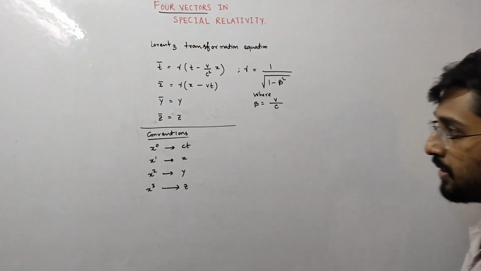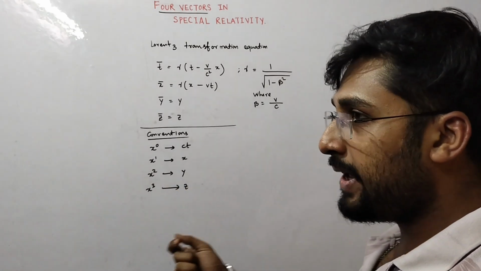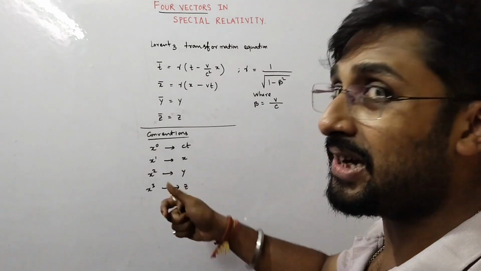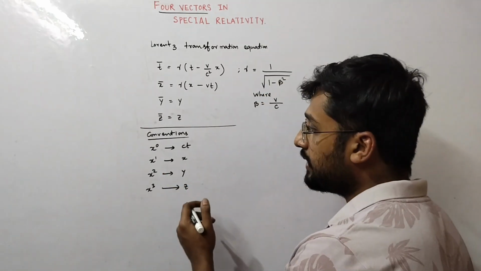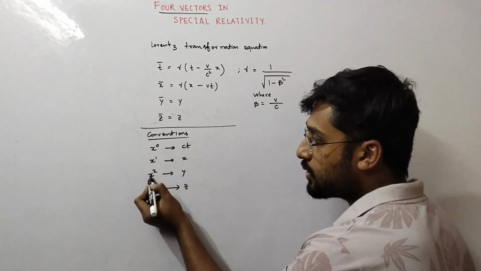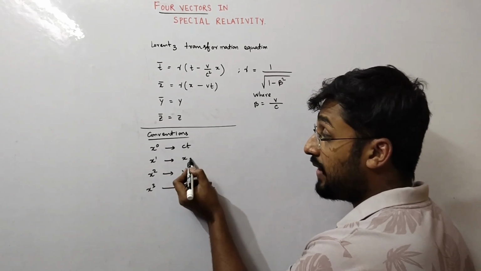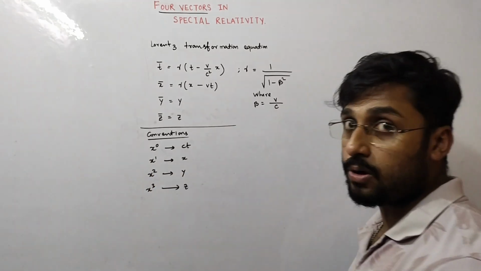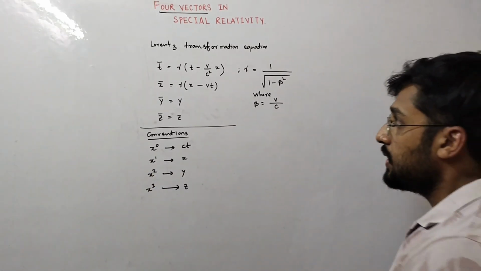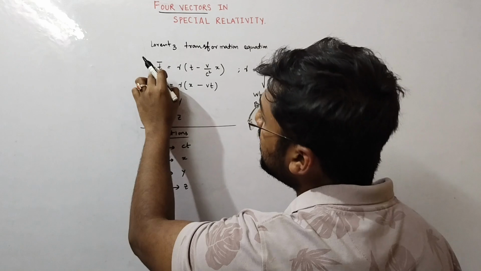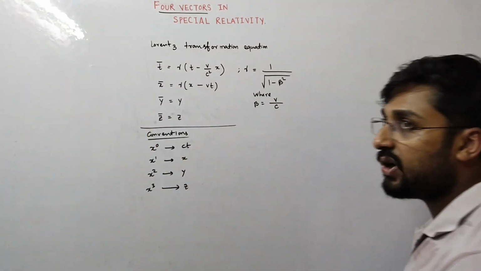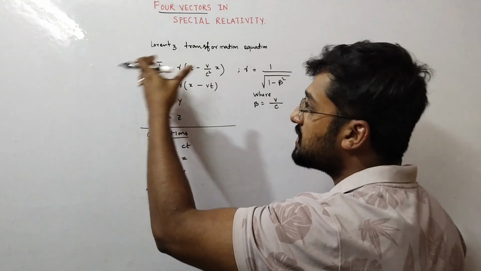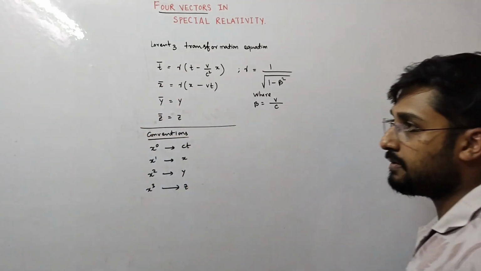Now you see students, in place of writing again and again x, y, z and time, I will be replacing them with x1, x2, x3 in the case of x, y, z, and in case of time I will be representing it with x naught. Now you might wonder, why haven't I written just t over here but have introduced ct? Now I'll be rewriting all of them in terms of ct or in terms of these conventions.